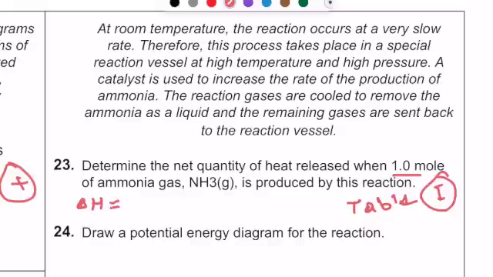So for 1 mole of ammonia, I'll just do 91.8 divided by 2. So that gives me negative 45.9 kilojoules per mole. So this is an exothermic reaction.